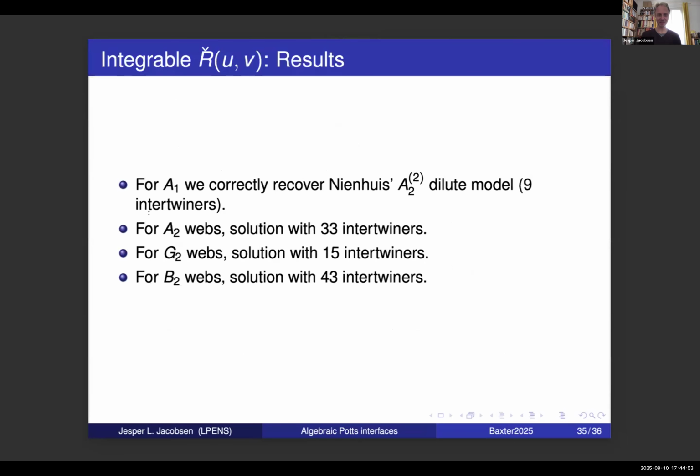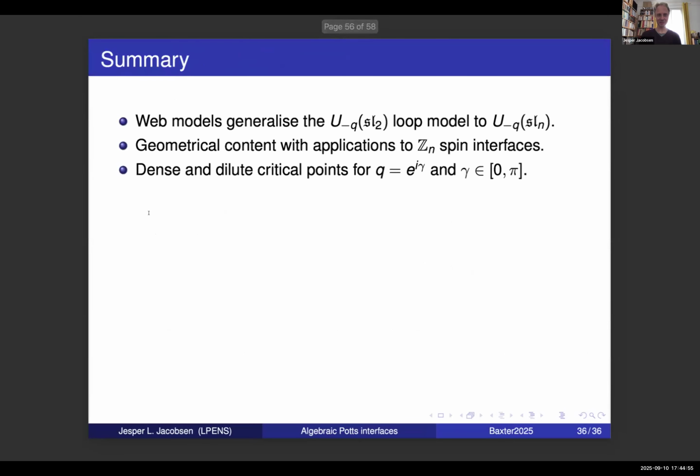Let me summarize. So web models generalize the usual loop model to UQ-SLN, with a special emphasis here on SL3. It has a geometrical content with applications to ZN spin interfaces, in particular to the three-state Potts model.